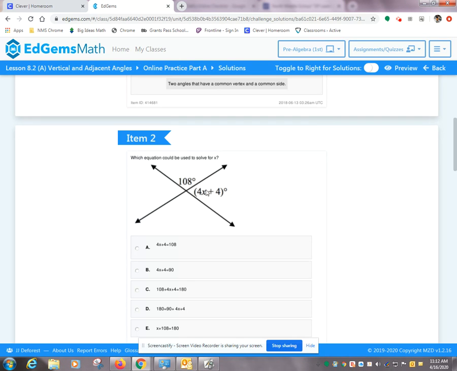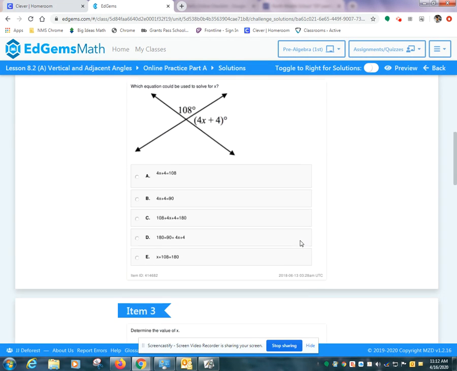So 108 and this aren't vertical, but they are right next to each other. And if you look, when this one and this one are put together, it forms a straight line, which would be a measure of 180 degrees. The hint would be, let's take this, add it to that, and say possibly it equals 180.